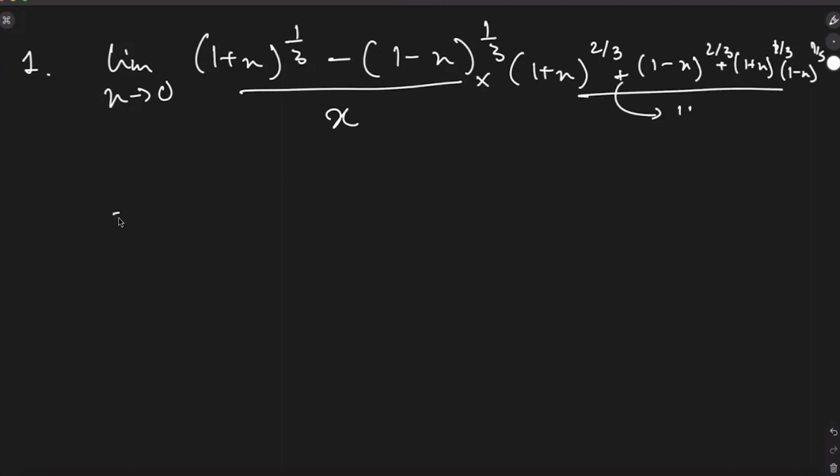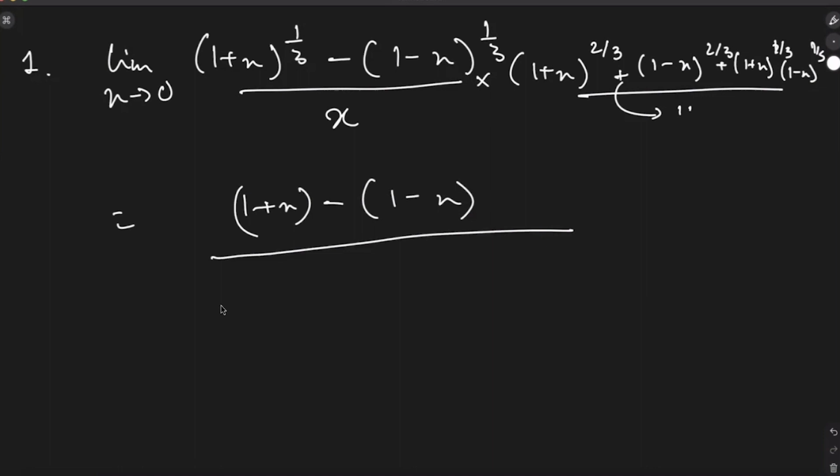This is a cube minus b cube, and this is its complementary factor. So it will be 1 plus x minus 1 minus x, whole divided by the whole thing.